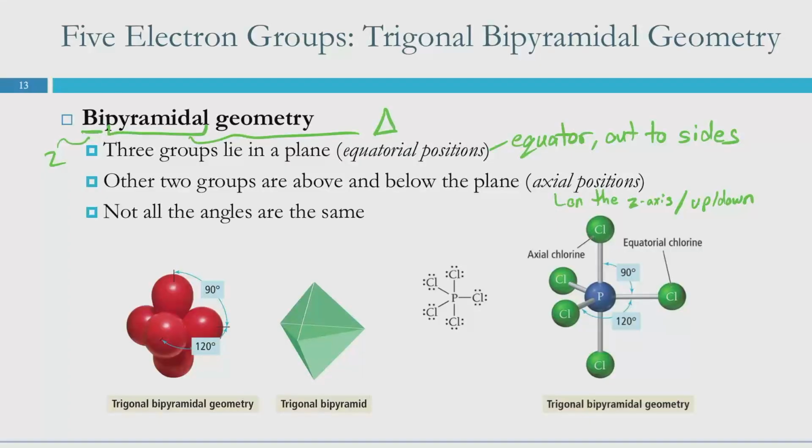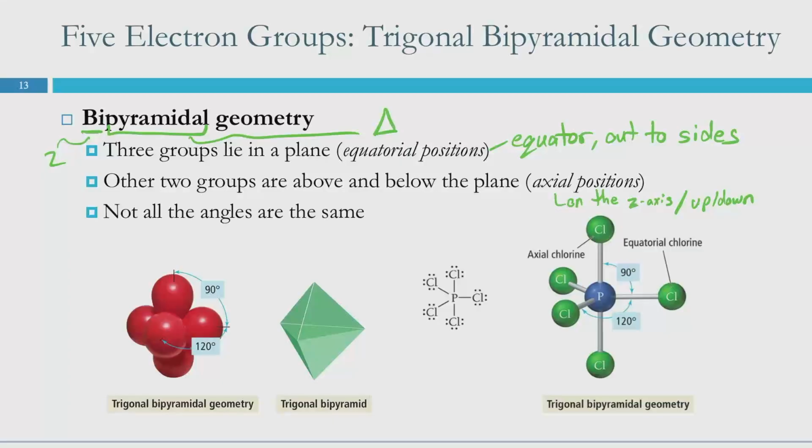So we've got 120 degrees between each of those, but then it would be like if I was impaled with a giant pole or something, right, and there's a pole sticking out in front and behind. That's the shape that we're looking at here. So our axial positions stick up, equatorials stick out to the side.